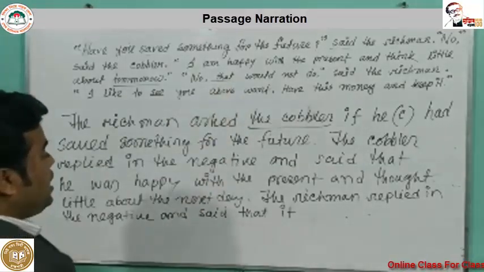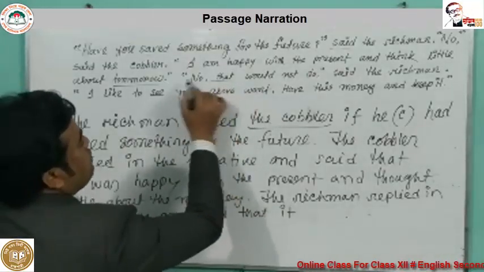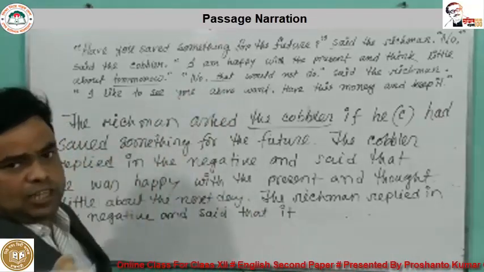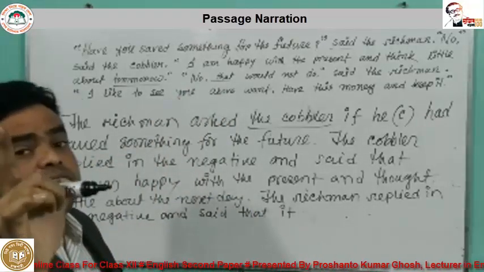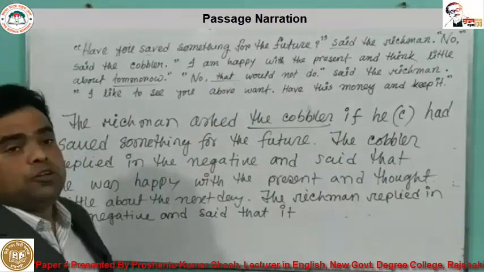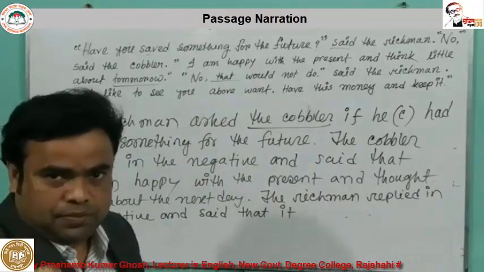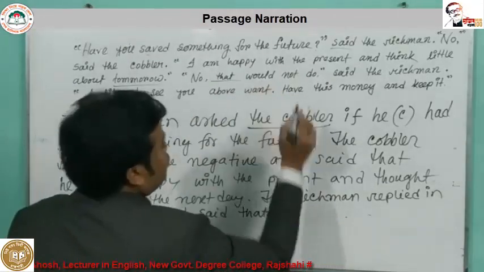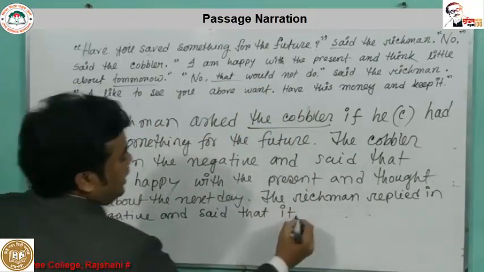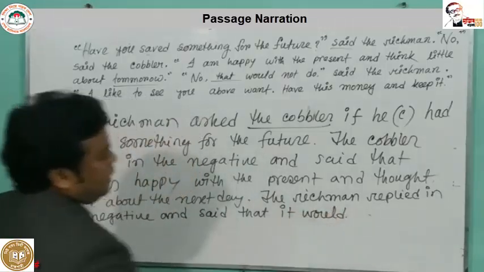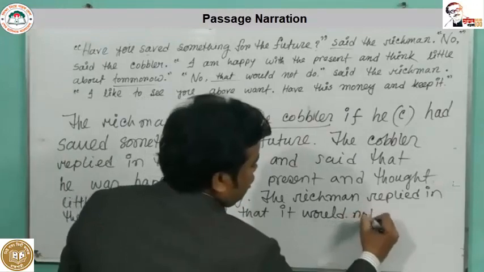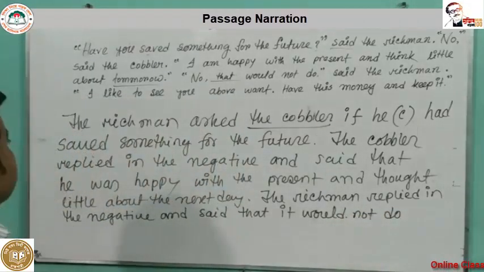Instead of inverted comma, we have to use that. If there is that at the beginning of the assertive sentence in indirect form, this that will be changed into it. Hope you understand. It would, instead of would there will be no change. That is, it would not do.